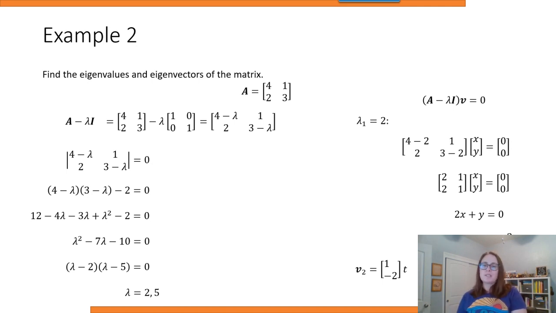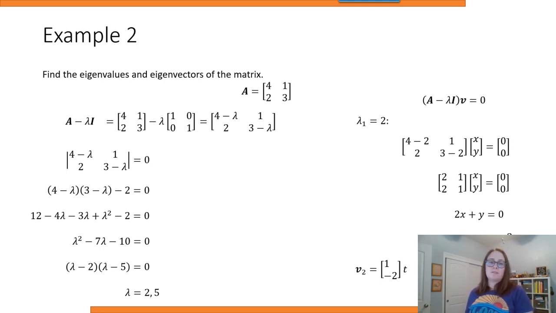So here it's written with a t. Most of the time, we are going to just let t equal 1 to get the eigenvector v1 equals (1, negative 2). Remember, eigenvectors are not unique, so I just need to get one that fits the pattern. And so this is a nice, simple one to use for that. Okay, so I got an eigenvector from lambda 1.